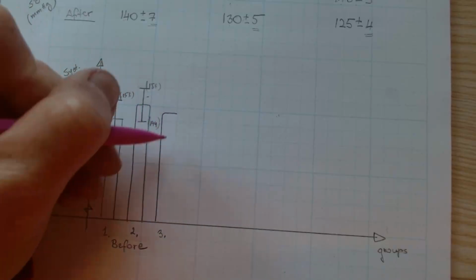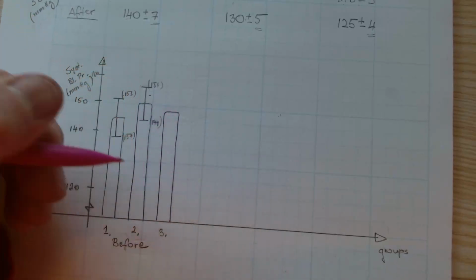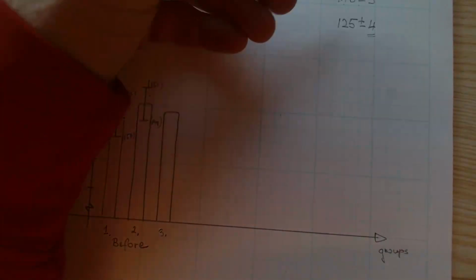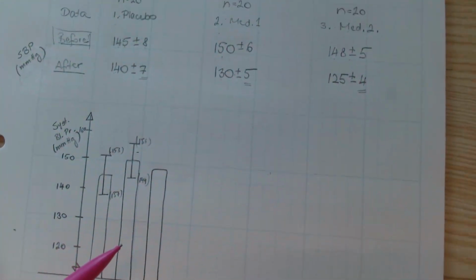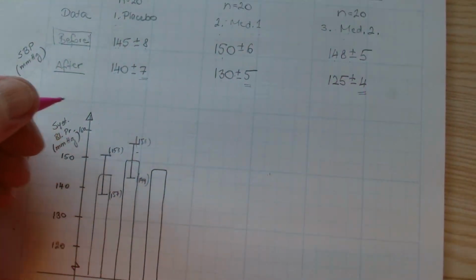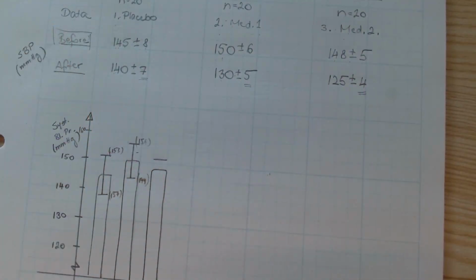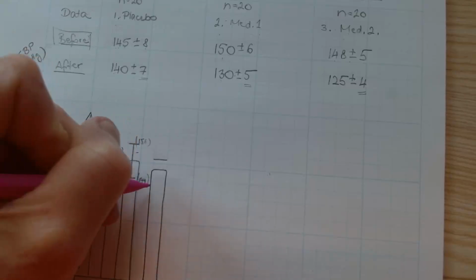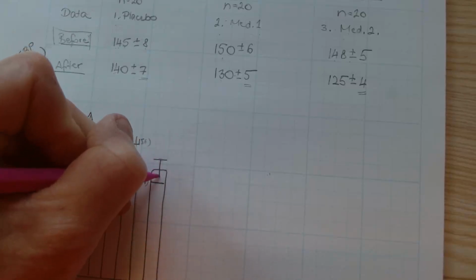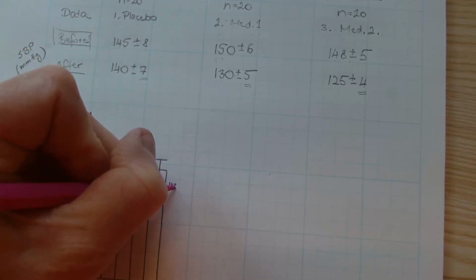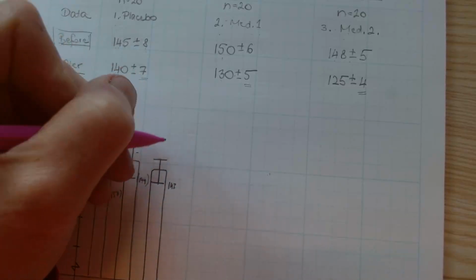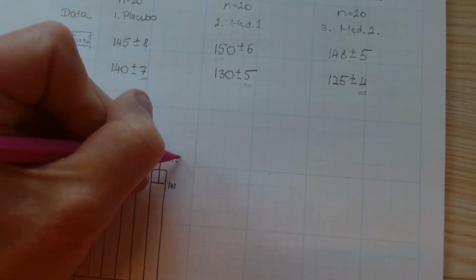And the third group is 148. Here is the bar graph, and if I add 148 plus 5, it will be 152. And if I subtract 5 from the mean value, it's 143. And this is 143 and 152.